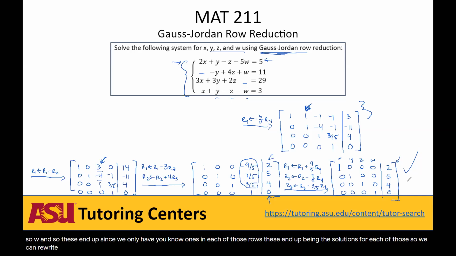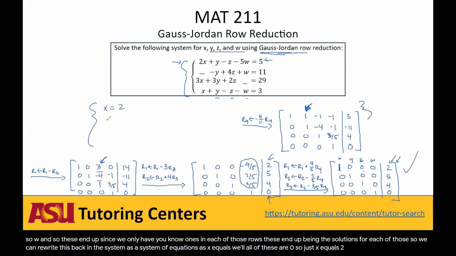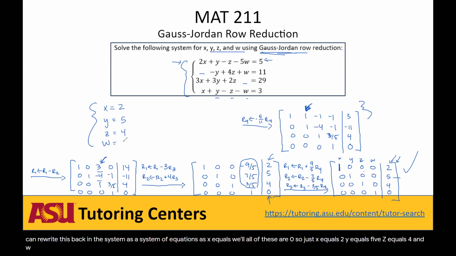So we can rewrite this back as a system of equations: all these are 0, so x equals 2, y equals 5, z equals 4, and w equals 0. And that is the solution to our system.